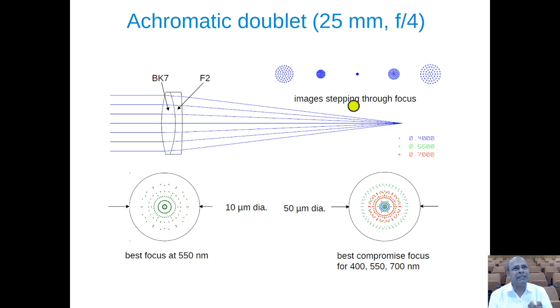These are the images stepping through focus as you go out of focus. This is the focused image, and the 1000 micron diameter is reduced to a 50 micron diameter using the doublet. So this is how chromatic aberrations are removed. And you see, for a single wavelength, it is reduced to a 10 micron diameter.